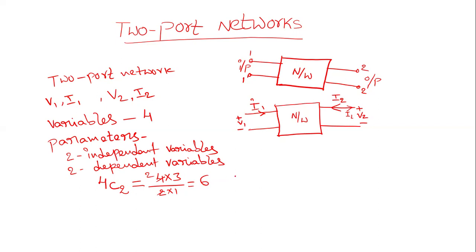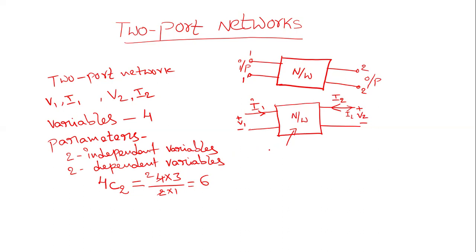These parameters remain the same until you change the network elements. Even if you change one element value, all the parameters will change. Until we change the network elements, the parameters remain the same.